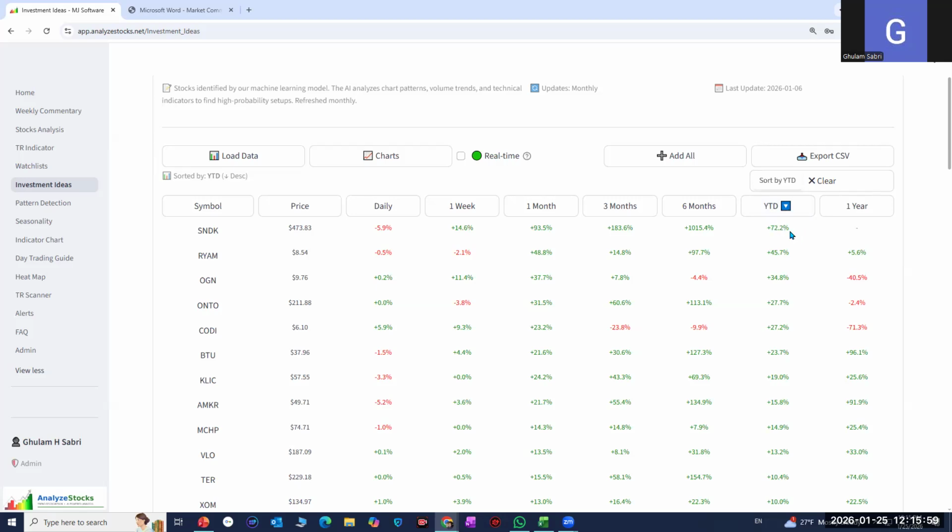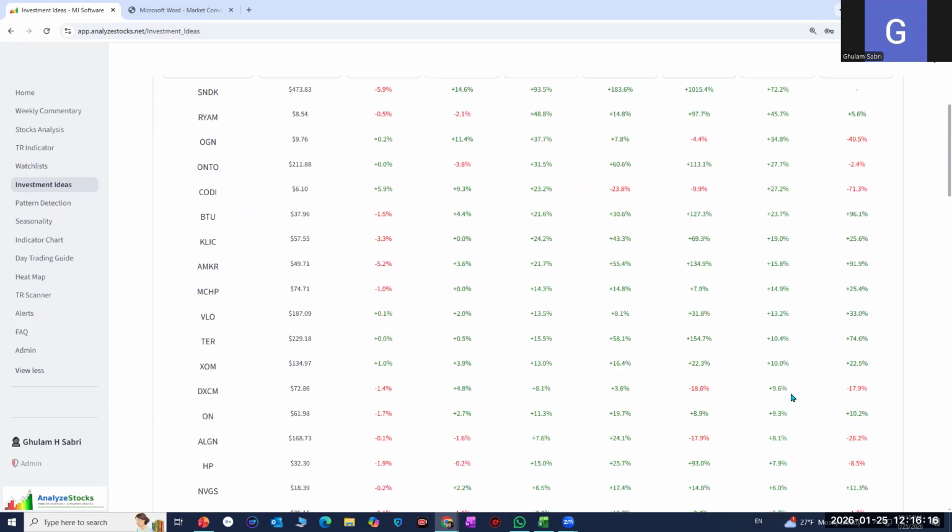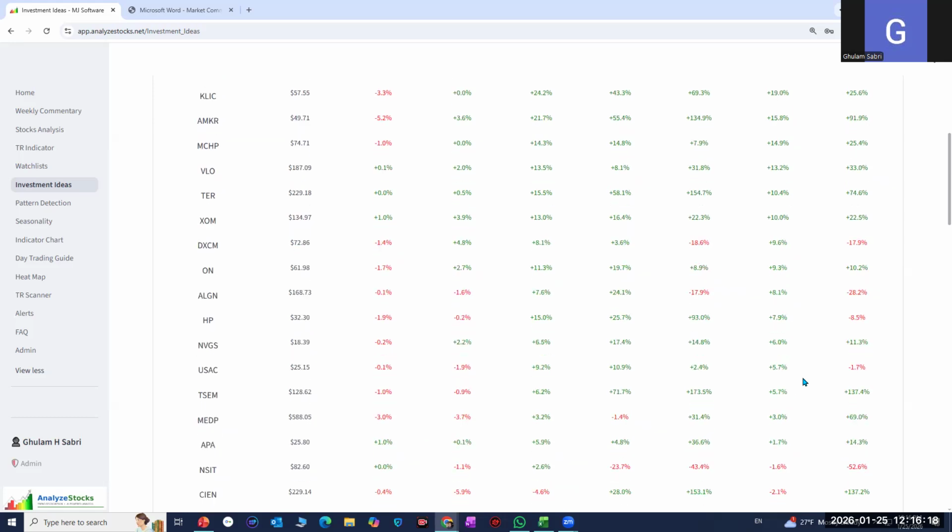Take a look at the year to date return, which means this month's return only. So SanDisk has returned 72.2%, RYAM 45.7%. Similarly, others, MCOR 15.8%, Valero Energy 13.2%, not bad for just 15 or 20 days.